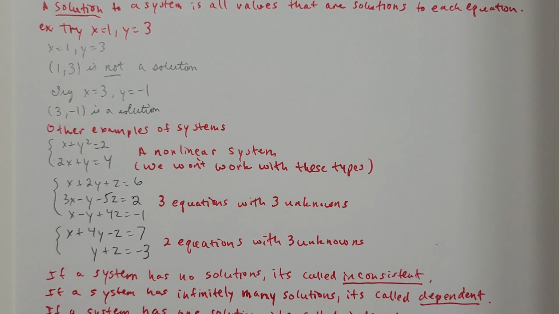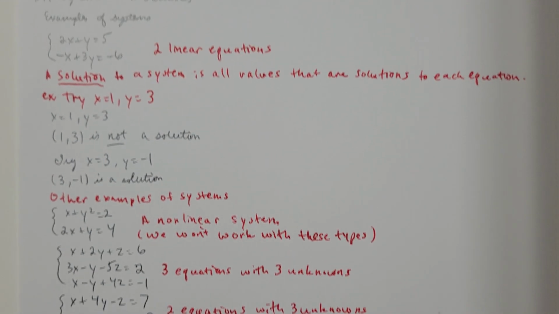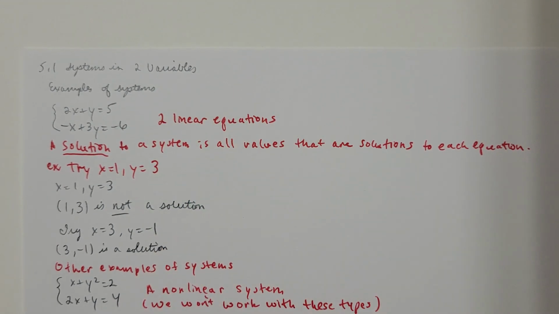And the idea is the same, so find x, y, and z such that all three equations would be satisfied. Okay, we're going to do some things with 3 by 3 systems in the next two sections primarily. Okay, so in this section we're going to focus on just 2 by 2 systems.